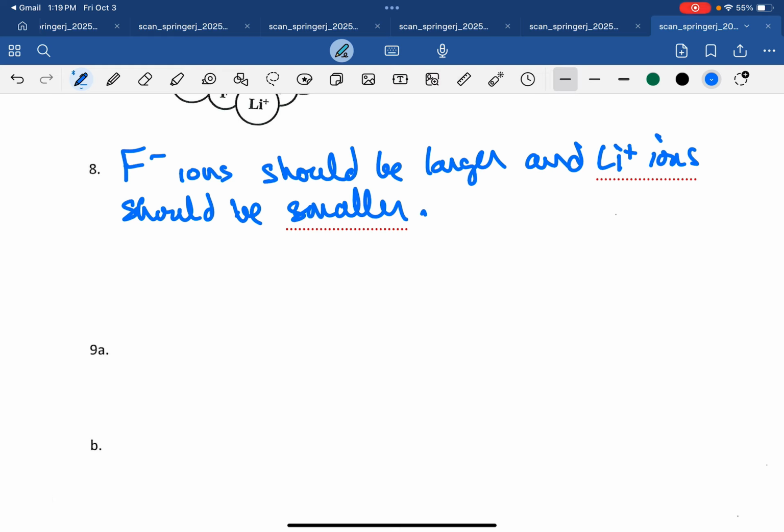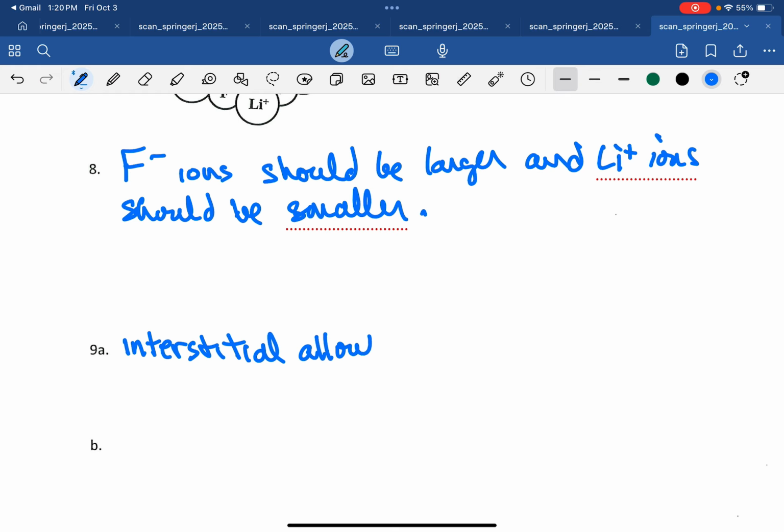Number 9, we've got some questions about steel. We're talking about steel, which is iron with carbon mixed with it. And if you think about it, iron being in period 4 would be pretty big compared to carbon, which is in period 2. So this will be an interstitial alloy because the atoms are such different sizes, okay?